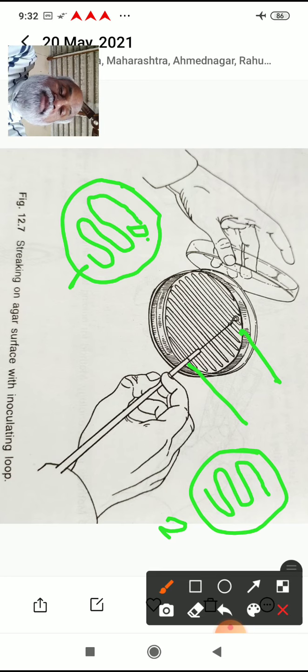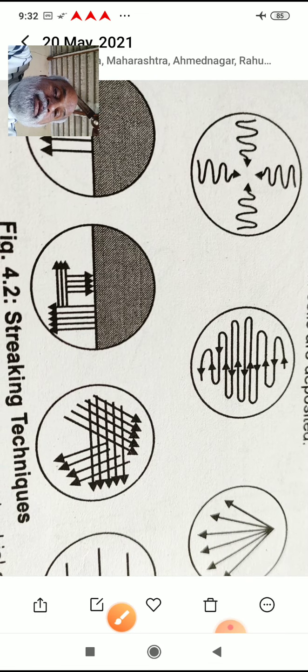So this is the first method we have seen, the streaking or streak plate method.